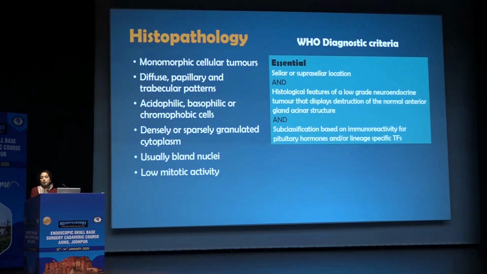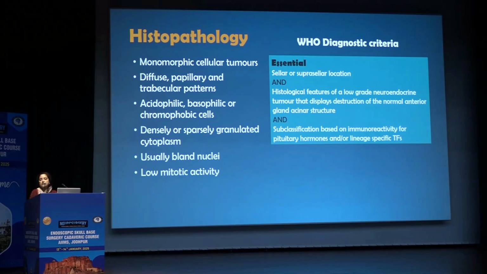When we look at the slides, we see monomorphic cellular tumors which have a diffuse, papillary, or trabecular arrangement. The cells may be acidophilic, basophilic, or chromophobic with densely or sparsely granulated cytoplasm. The nuclei are usually bland with low mitotic activity.